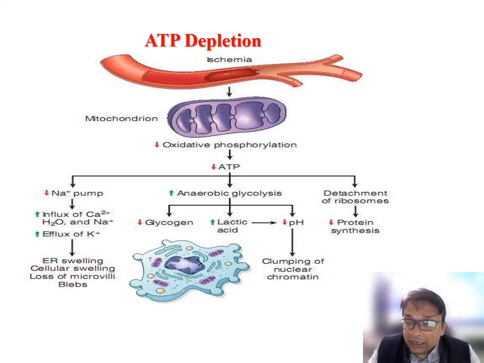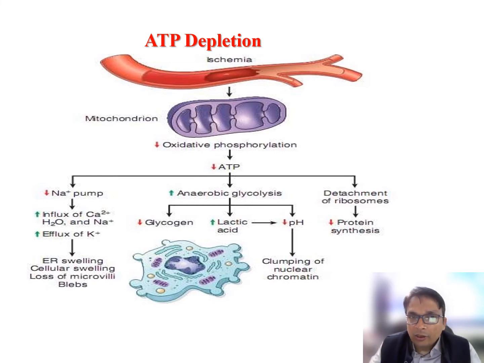Moreover, this decrease in the ATP molecule synthesis results in an increase in anaerobic glycolysis. What is anaerobic glycolysis? The name itself suggests. Anaerobic means which will not require oxygen, whereas glycolysis itself suggests glycogen lysis to produce more amount of glucose.